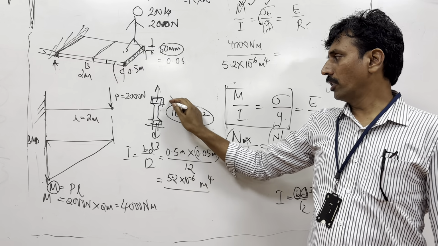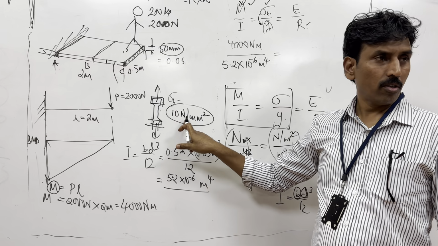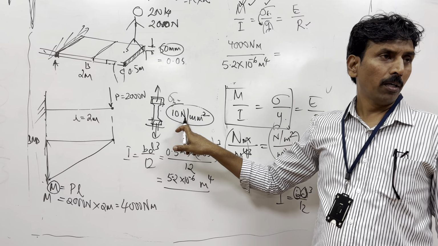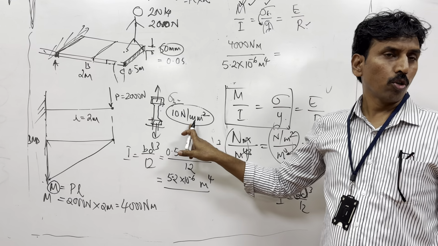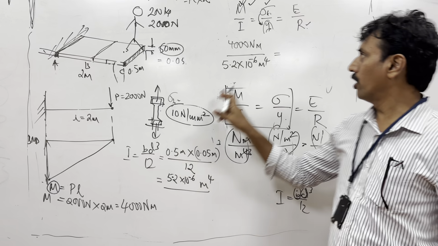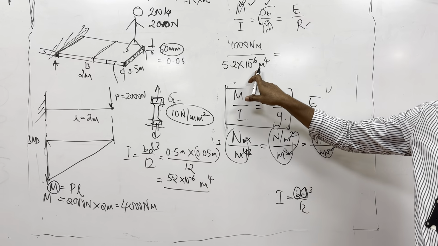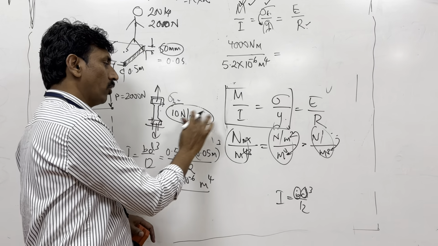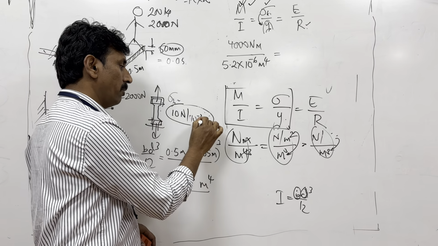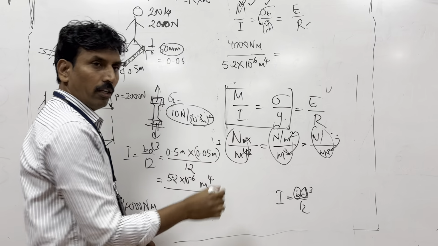The maximum stress it can take, sigma B, is 10 newton per mm square. This is mm square, so you should convert this into meters, because everything is in meters here, otherwise it would be wrong. 1 mm is 10 to the power of minus 3 meters.